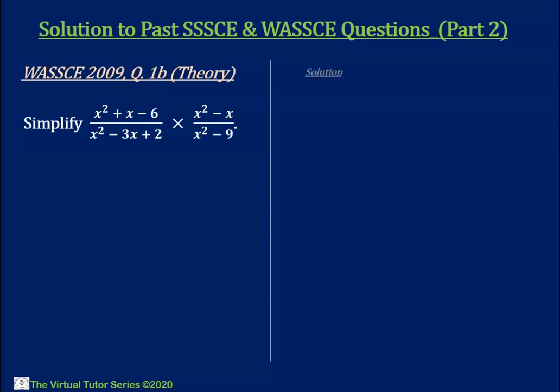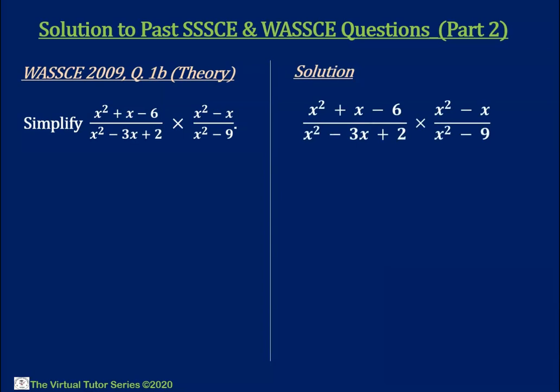Solution. We have the expression x squared plus x minus 6 all over x squared minus 3x plus 2 times x squared minus x all over x squared minus 9.